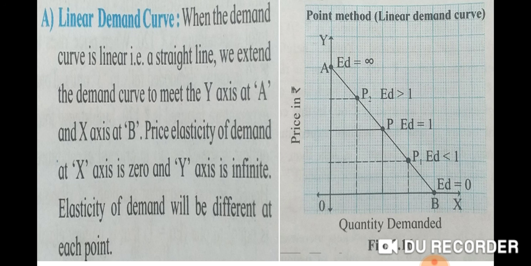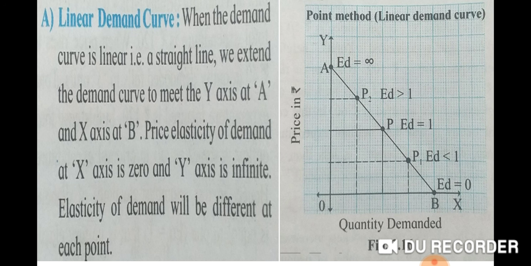Fifth, at point B, the point elasticity is 0 because the lower segment is 0. So it is perfectly inelastic demand. Elasticity of demand is equal to 0.